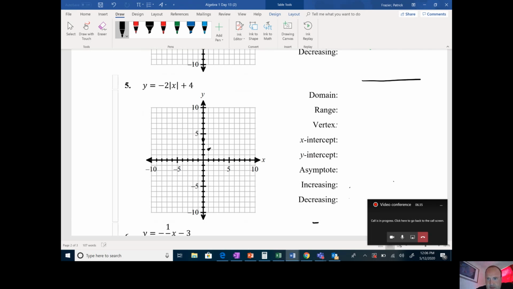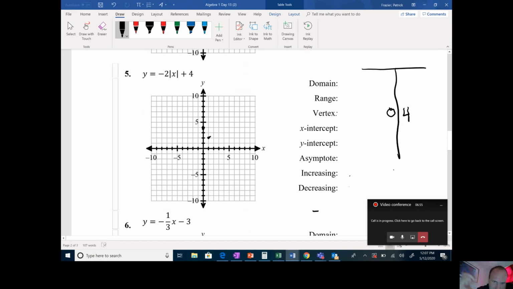So if I have a table and I had 0 here, and remember the absolute value of x, or 0, the absolute value of 0 is just 0, and 0 times -2 is still 0, plus 4 is 4. So that makes algebraic sense, arithmetic sense, and fits with the geometry of what we did on the graph.